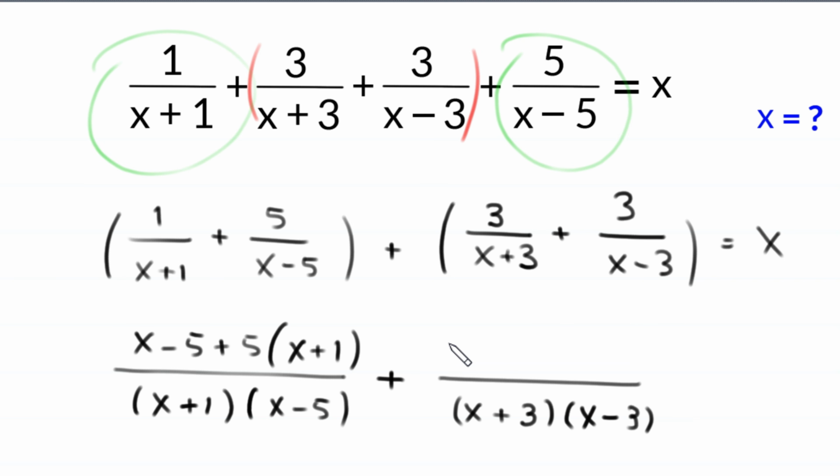So this will become 3 times x minus 3 plus 3 times x plus 3, equal to x.